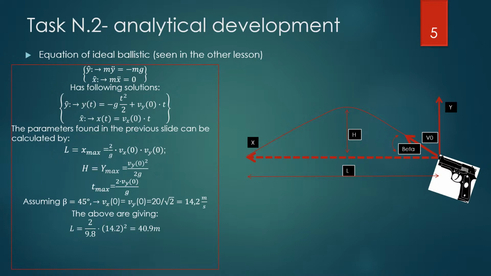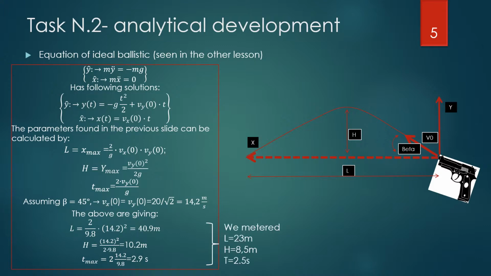We find 41 meters of range, 10.2 high, and 2.9 seconds time of the flight. It's different. So there is a deviation which is quite significant. Also, we cannot rely on the model. We need to find a different one or to refine the existing. We will see how.